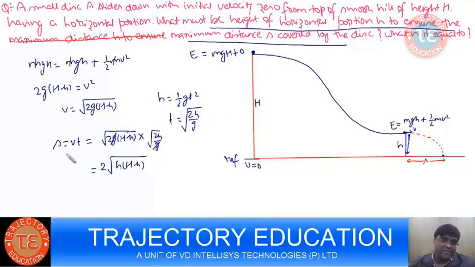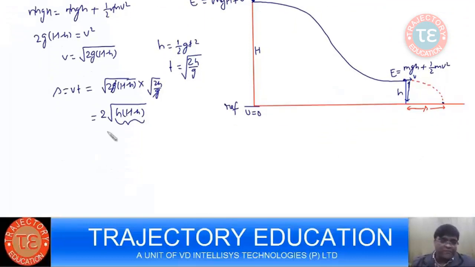We have to maximize this s. In that case, we can just differentiate this part, d by dh of hH minus h square. Just maximize this part, so you are getting h equal to H by 2.